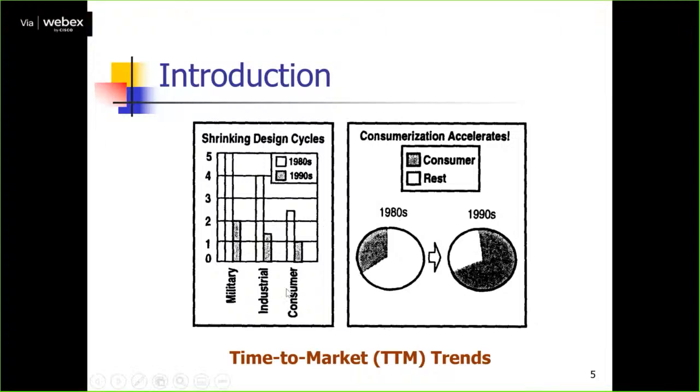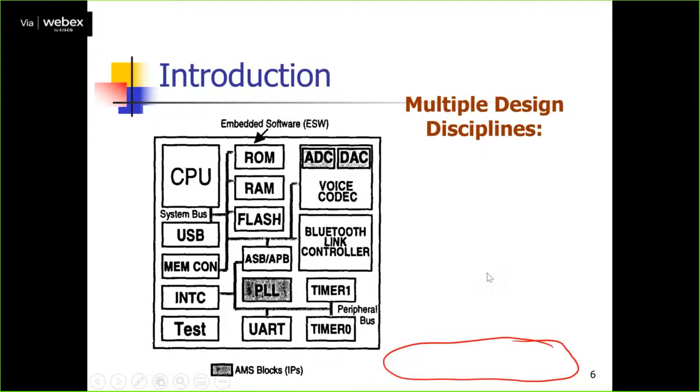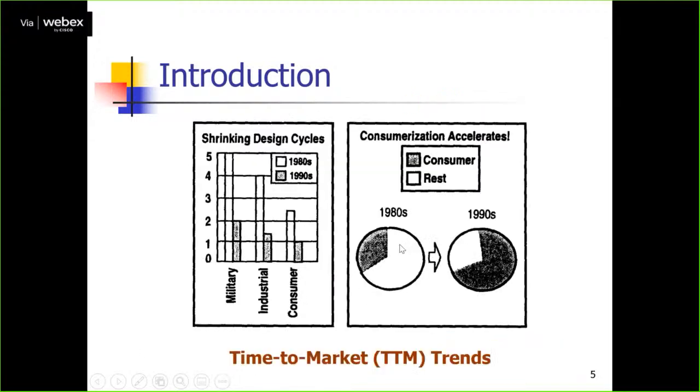So the medical electronics or medical SoC design will be taken care of on the consumer end. That is the major inclination over there. If we take consumerization with acceleration, consumerization in the 1980s was very less, in the 1990s it was very huge.